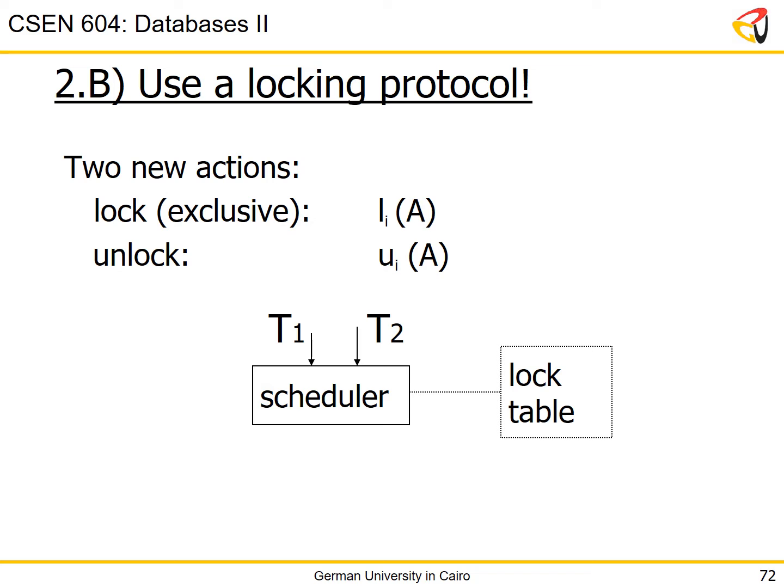It's the same way of thinking. If a transaction gets a lock on a resource, no one else is able to access this resource. This resource could be a table, could be a page of a table, or could be a row in a page in a table. So the lock granularity might change, but the idea is the same: if you get the lock, no one else can access it.